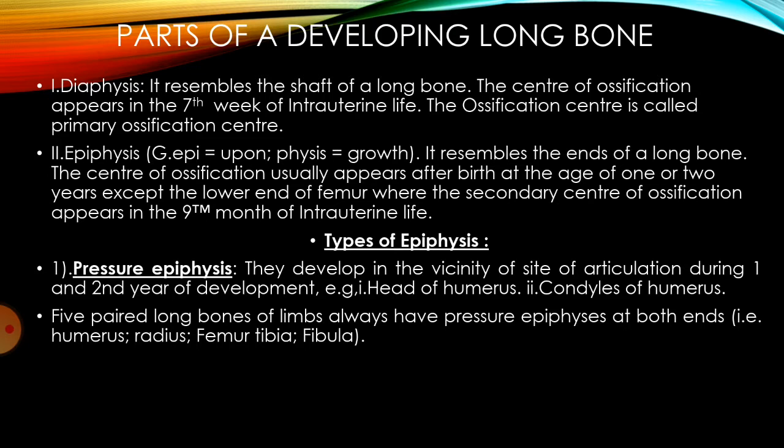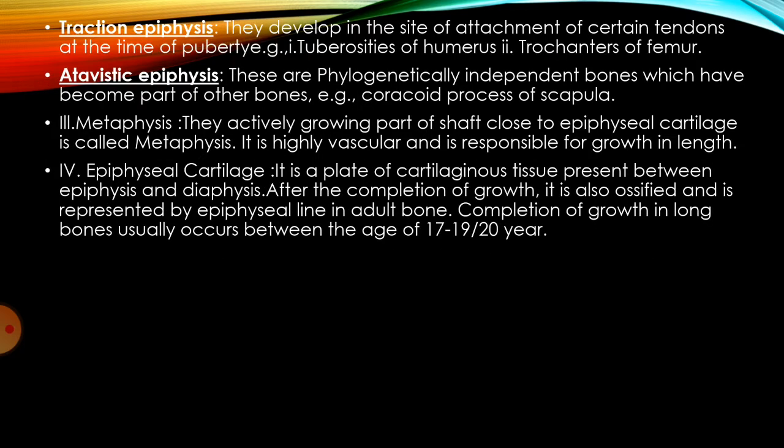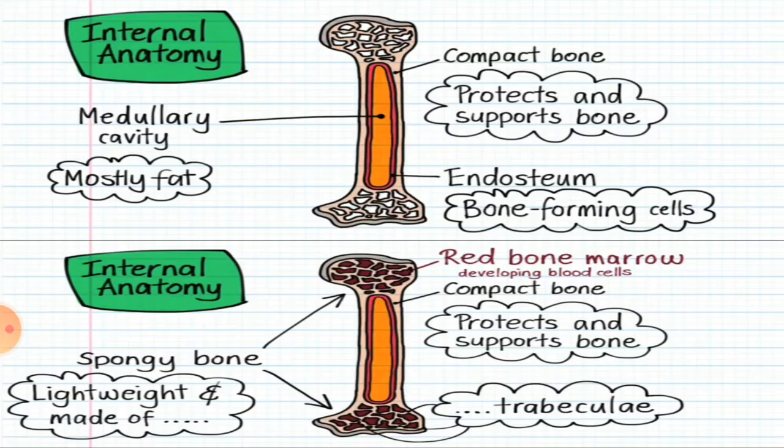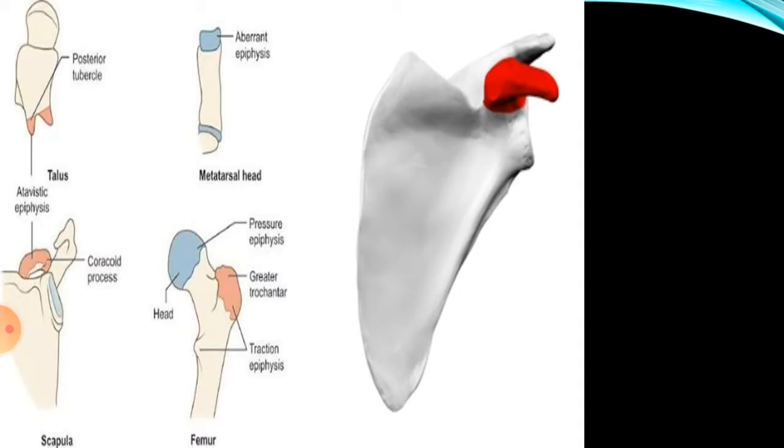Basically there are 4 types of epiphysis, and once again, before discussing them, let's look at the image. Okay, so the 4 types of epiphysis are traction epiphysis, pressure epiphysis, atavistic epiphysis and aberrant epiphysis. So these are the 4 types.